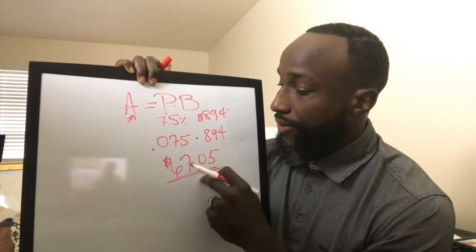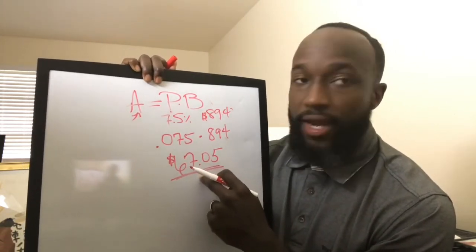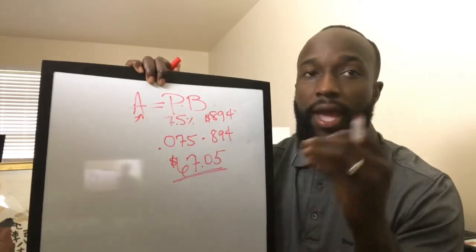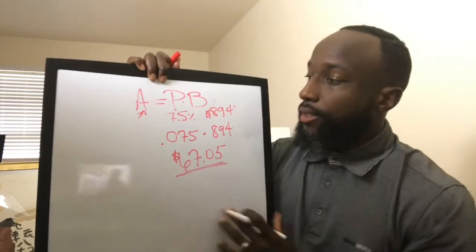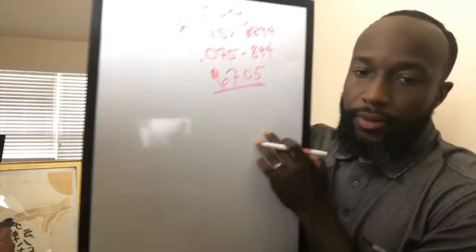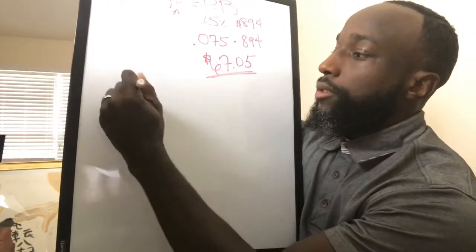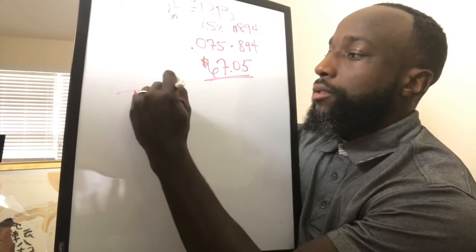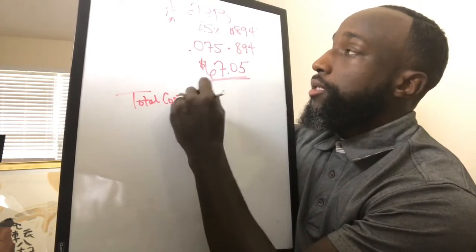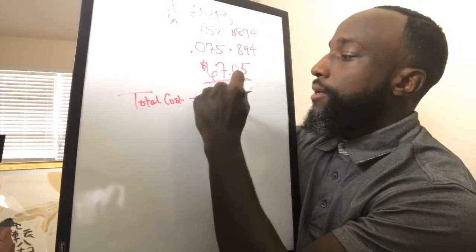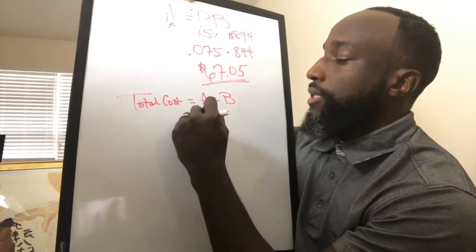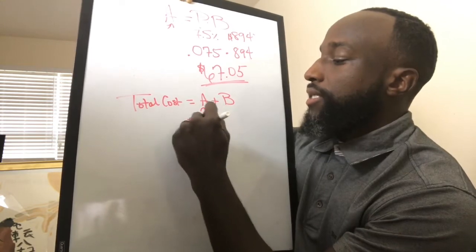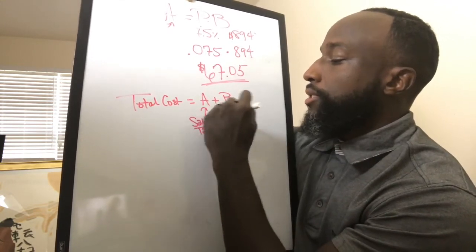From these taxes, to find out what you're actually going to pay for the bike, you add this amount to the price of the bike. So the total cost is A plus B, A being the sales tax plus the cost.